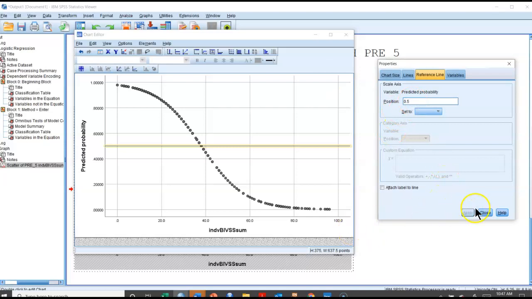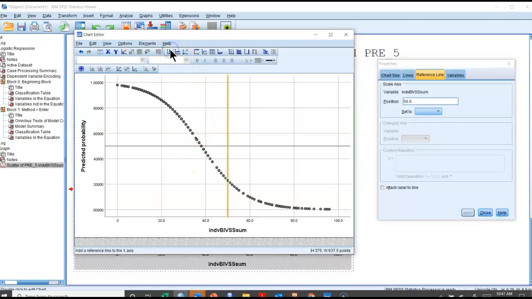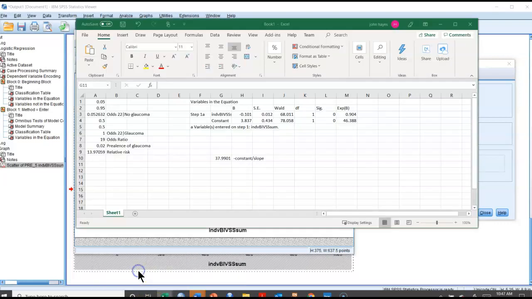It's fine, so we can just close that. Then here is our score, and if we come to the vertical and we type in 39, was it 39 or 38? I don't remember. 38, sorry.